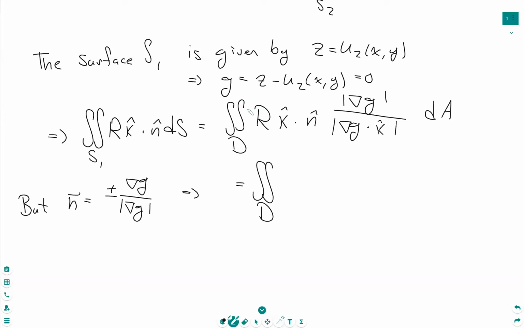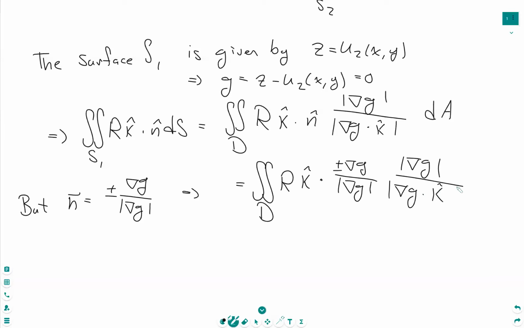So we get the area integral over D of R k hat dotted with plus or minus grad G over the magnitude of grad G, times the magnitude of grad G over the magnitude of grad G dotted with our k hat, dA.